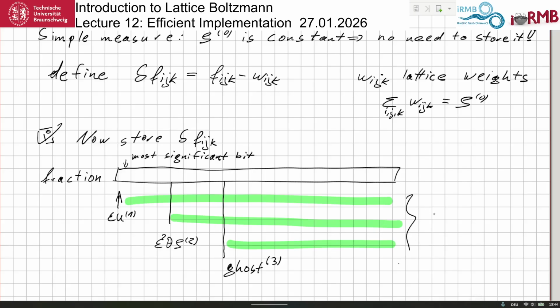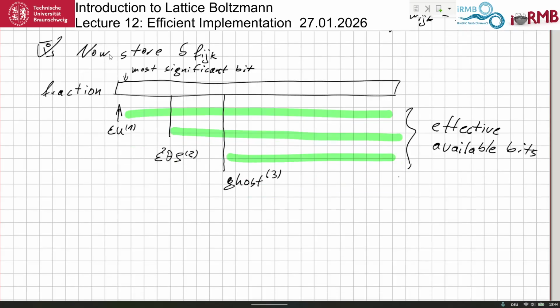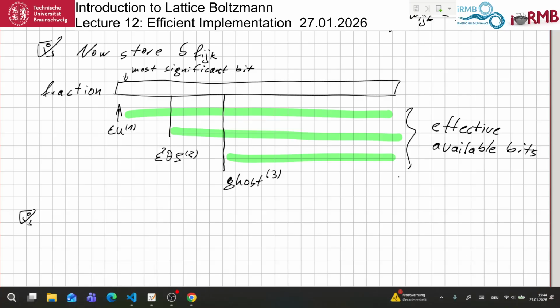So this is again the effective available bits, and they have of course increased now. This is pretty trivial, but there is one thing that I've still seen people doing wrong, because it is trivial in principle, but can get challenging in practice, because you have to remember one important thing.